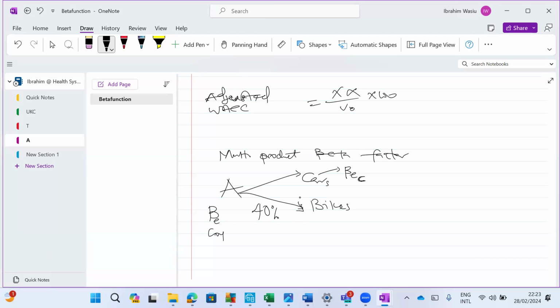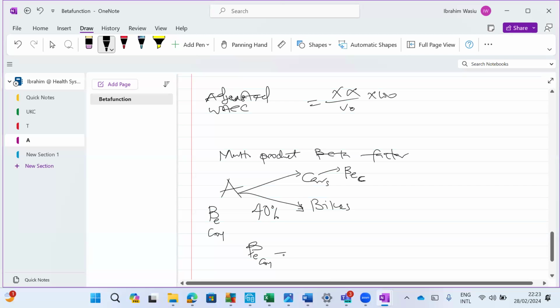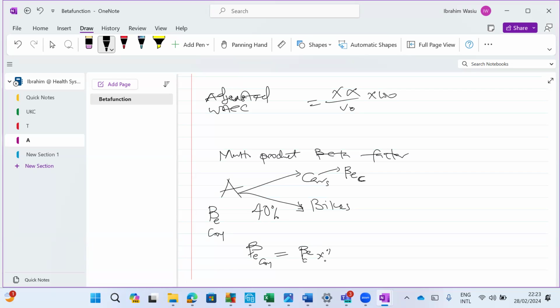Okay. So you now say, okay, if that is the case, this is the formula: beta equity of the whole company equals beta equity of car business multiplied by percentage invested in car, plus beta equity of bike business multiplied by percentage invested in bike.